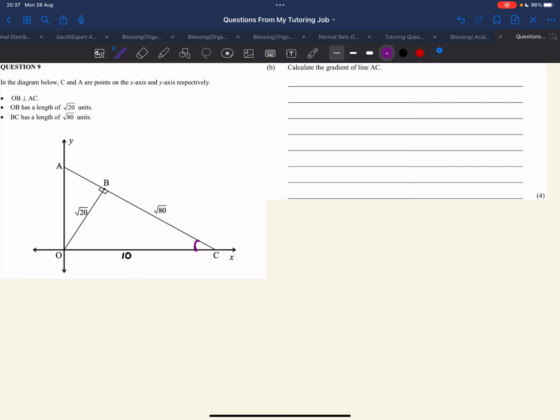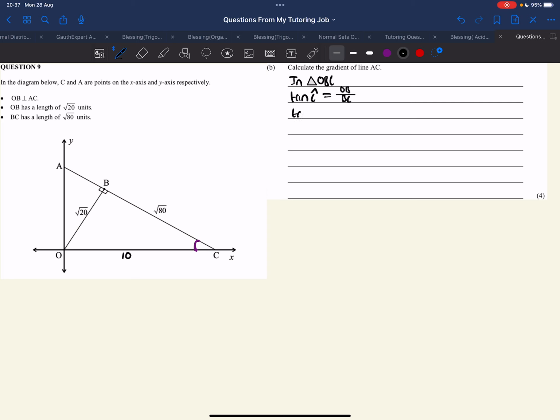Okay, now we're going to say that in triangle OBC, tan of angle C is going to be OB over BC, right?